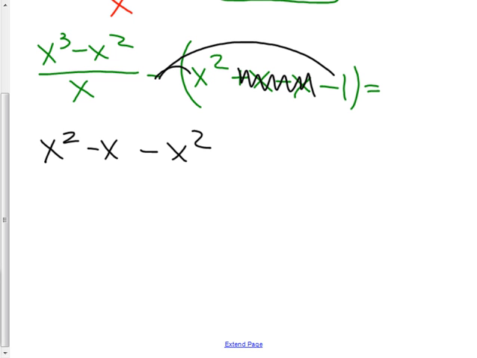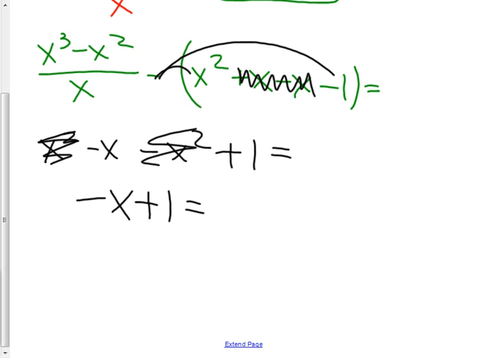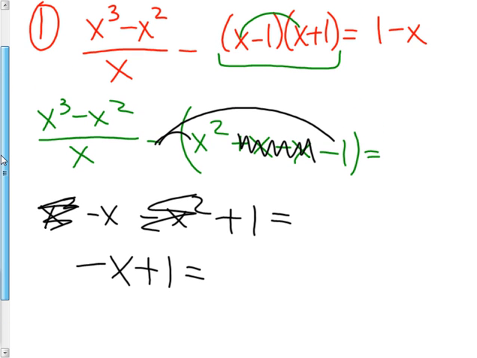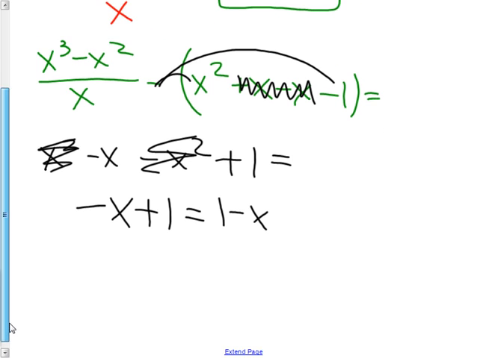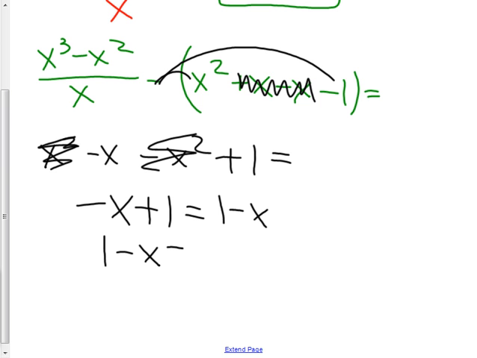Don't forget that, so that we get that. These x squares cancel, and then we get negative x plus 1. That was so much quicker. And does that equal 1 minus x? Yep, it's just written differently. We could rewrite this to say 1 minus x.